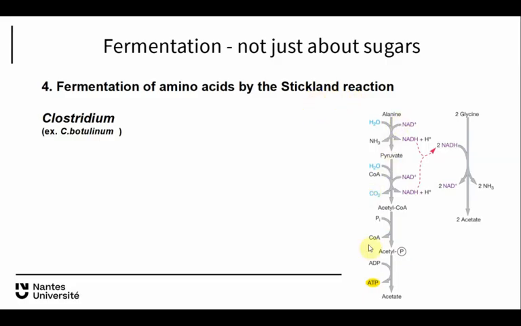Now you don't have to remember any of the details here. You just have to realize that the two substrates are alanine and glycine, two amino acids. One of them is going to be the electron donor, the other is going to be the electron acceptor. At the end of this process, you get carbon dioxide, ammonium, and acetic acid. And somehow through this fermentation pathway, you can get some ATP being produced.